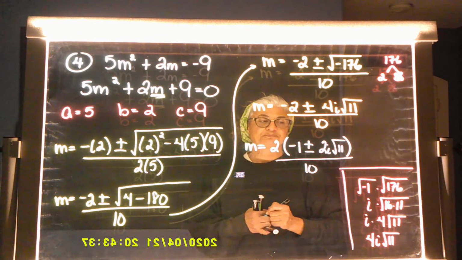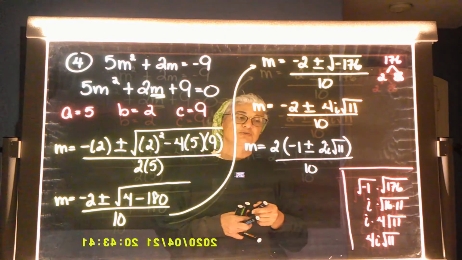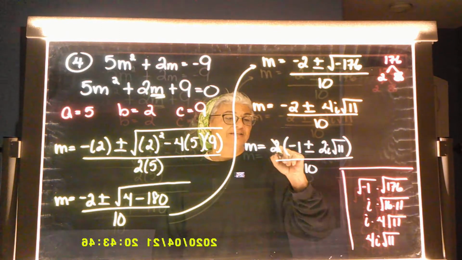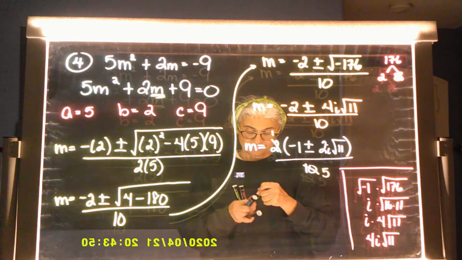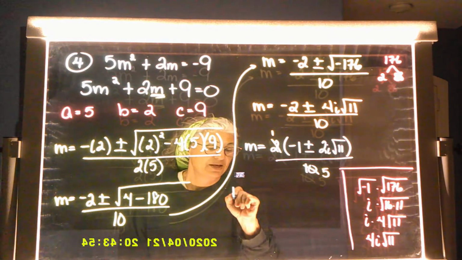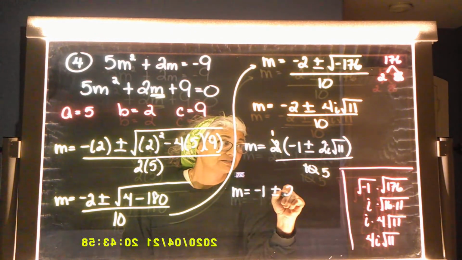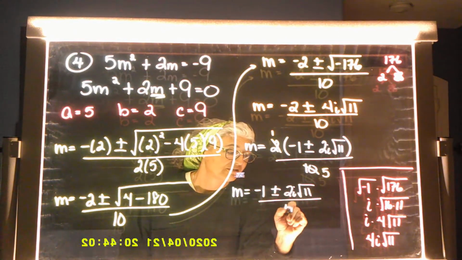With me? Now I've got multiplication on top, and the multiplication on top will allow me to cancel. So I'm going to cancel the 2 with the 10, which is going to now leave me m being equal to negative 1 plus or minus 2i square root of 11 over 5.